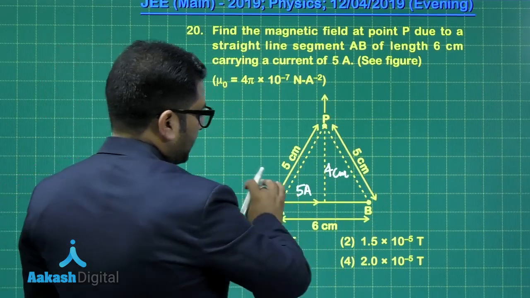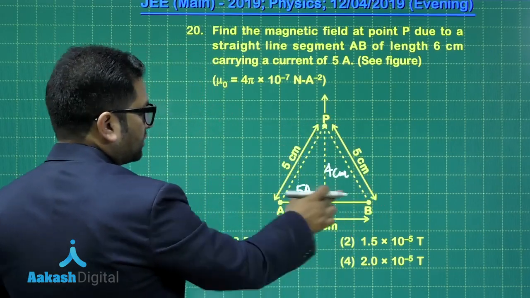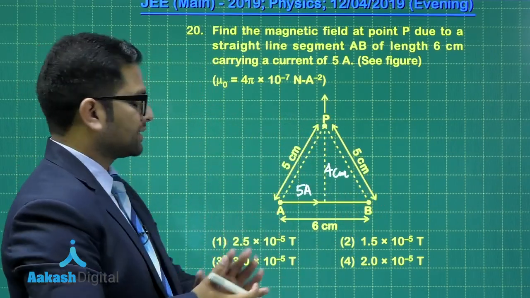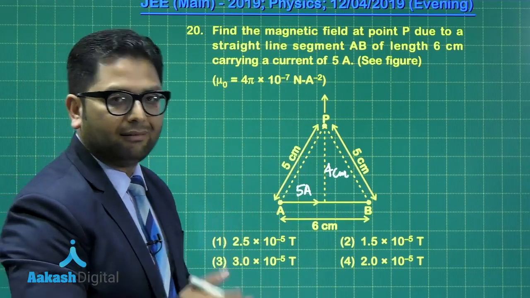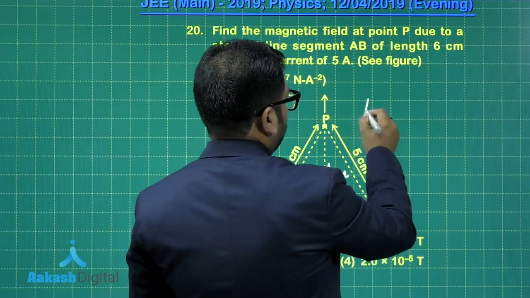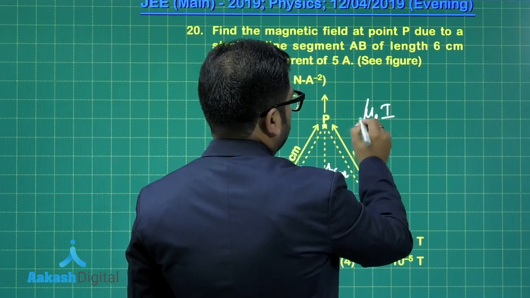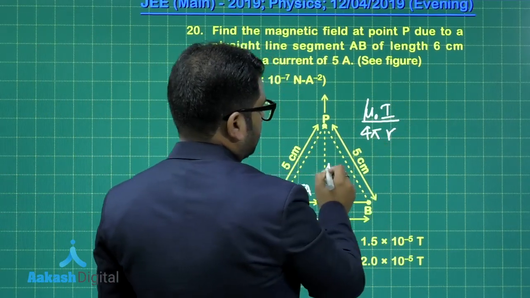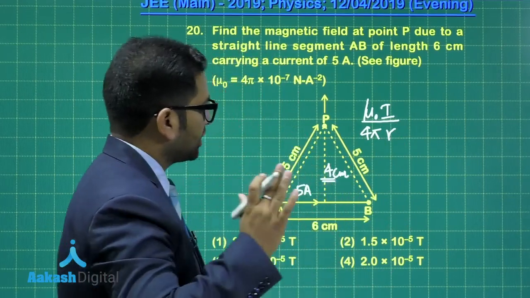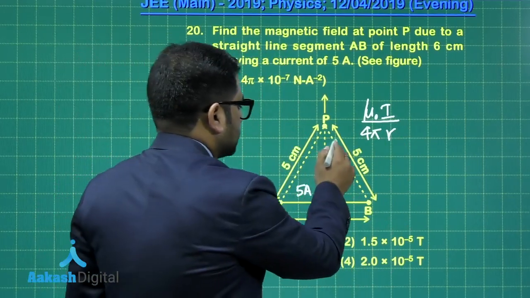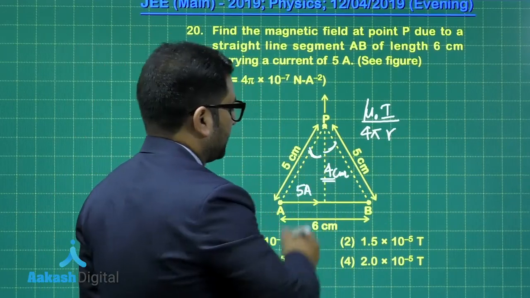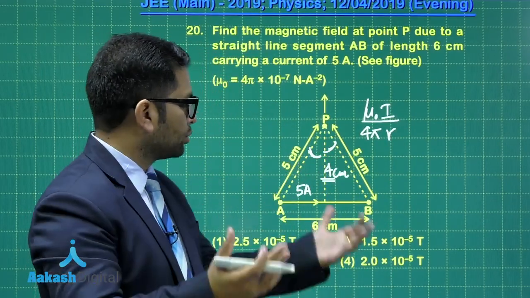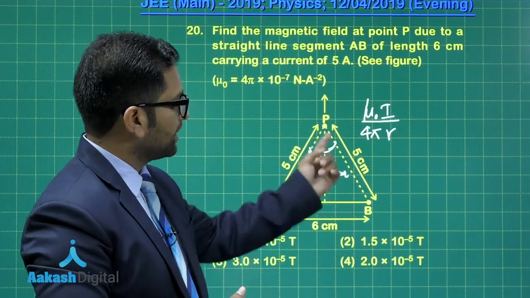And now to calculate the magnetic field due to this at this point, I think that's a very straightforward one. Let's put it, and that's going to be mu naught I divided by 4 pi r. This r is of course 4 centimeter, put the unit, into sine alpha plus sine beta, and sine alpha, sine beta both are same, and which is equal to 3 by 5.